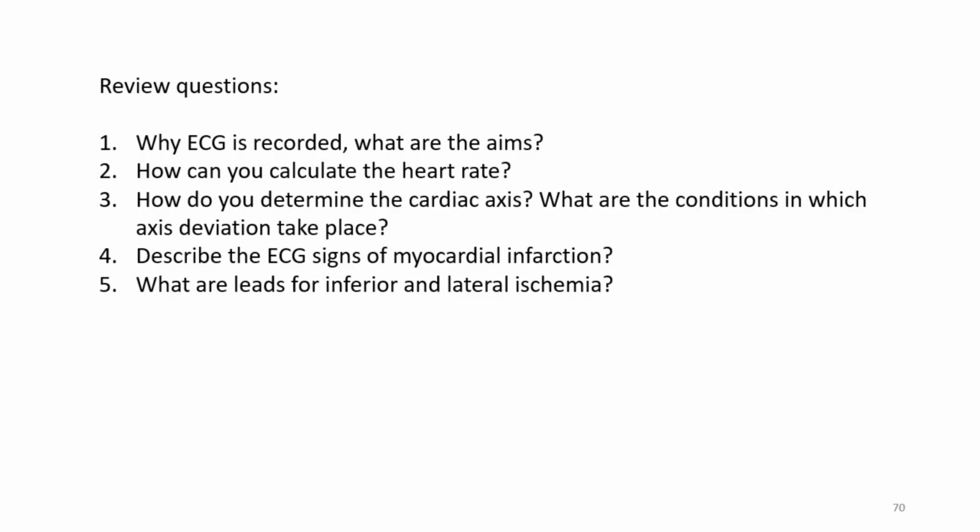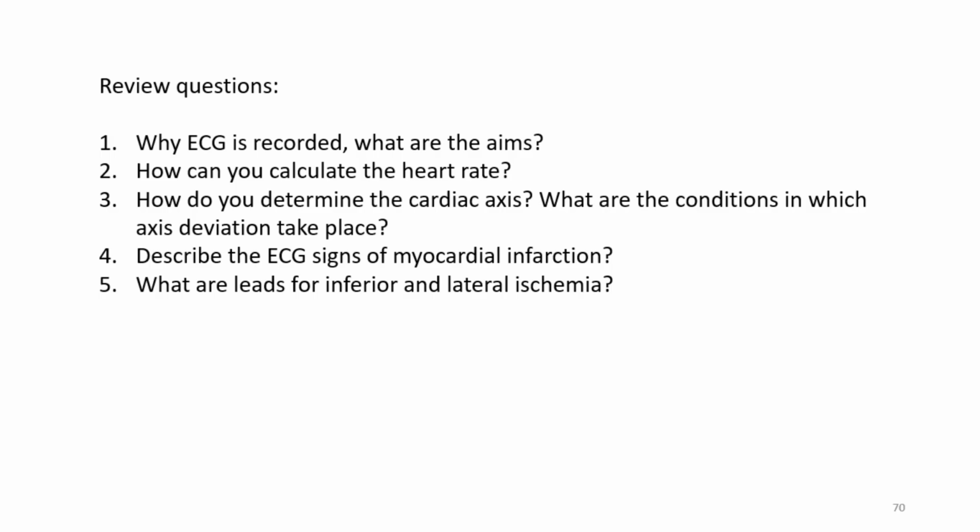Normal cardiac axis is around 59 degrees. It may range quite a bit. Left axis deviation and right axis deviation can occur in different conditions. Let's say in hypertension or aortic stenosis, left axis deviation can occur, or in pulmonary hypertension, right axis deviation can occur. So, describe electrocardiogram signs of myocardial infarction.